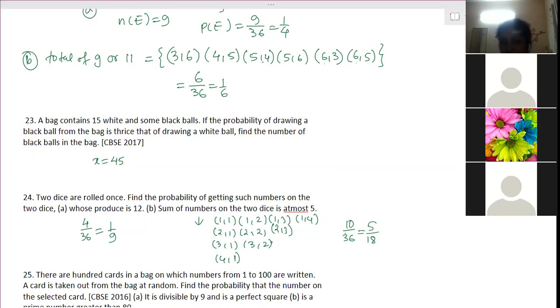How? Ma'am, if we put two dice together, then we can get 2 into 6, 3 into 4, 4 into 3 and 6 into 2. 2, 6 and 6, 2 you have taken already. Oh, okay. Understood, ma'am.